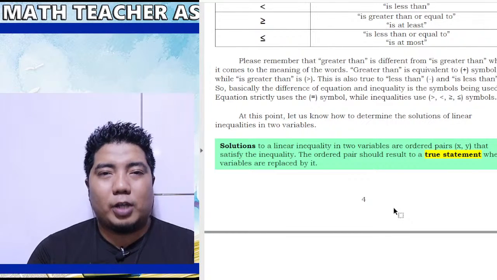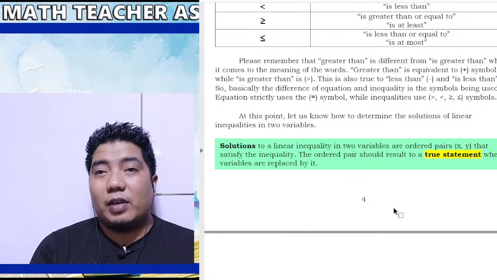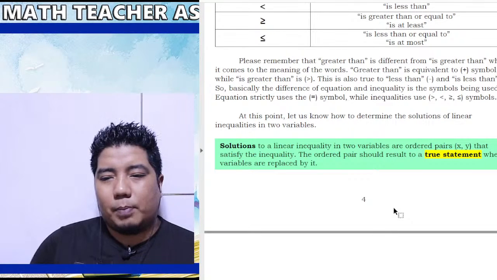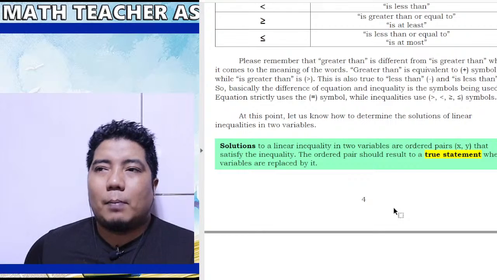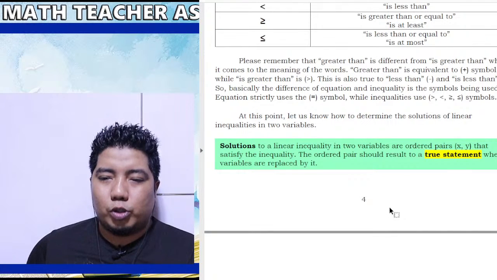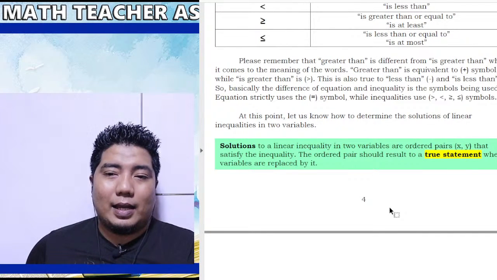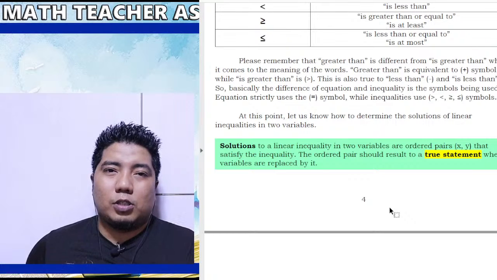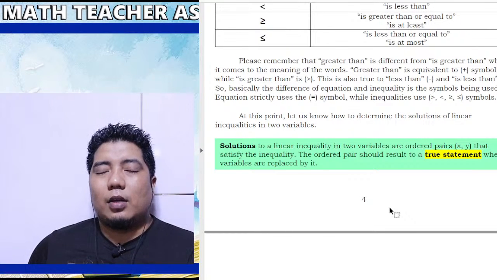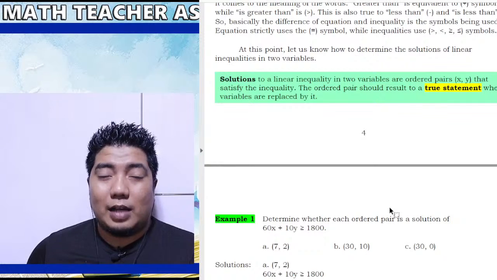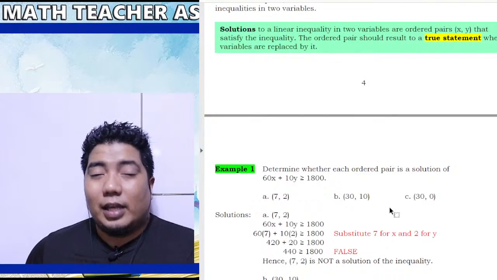Okay, those are part of the solutions. However, if it is false, then it is not part of the solution. Meaning, in linear inequalities, many answers, many solutions are possible, because as long as it satisfies your inequality, that is considered an acceptable answer in this scenario.